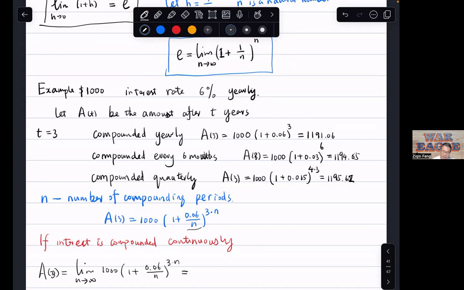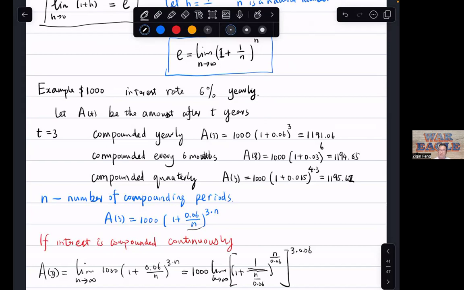So this is equal to 1000, which is a number, times, as n goes to infinity, 1 plus 1 over n over 0.06, right? And to the power n over 0.06, and to the power 3 times 0.06, right? I just put in numbers to match.